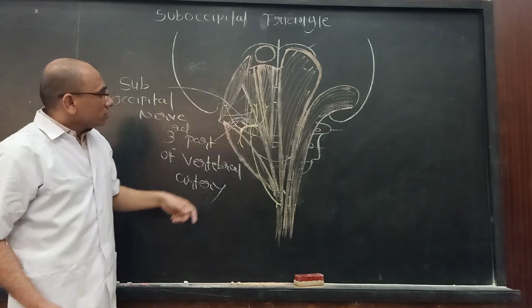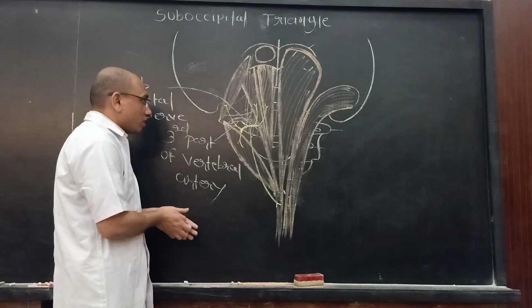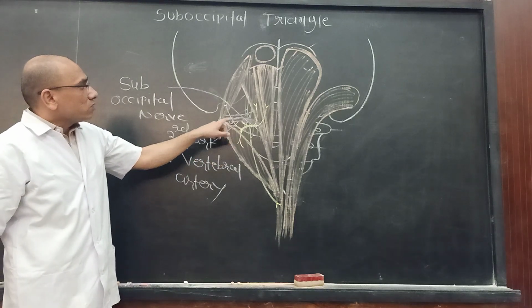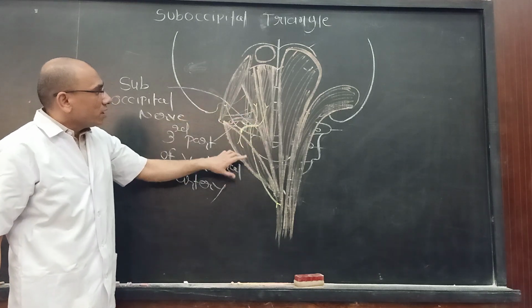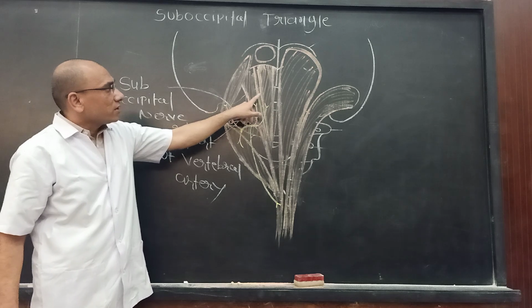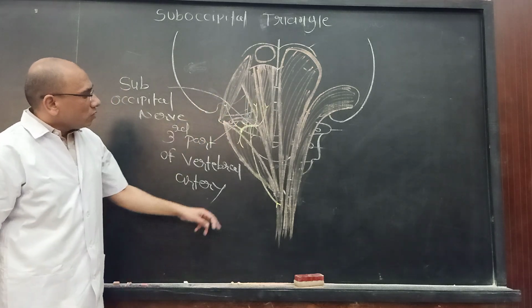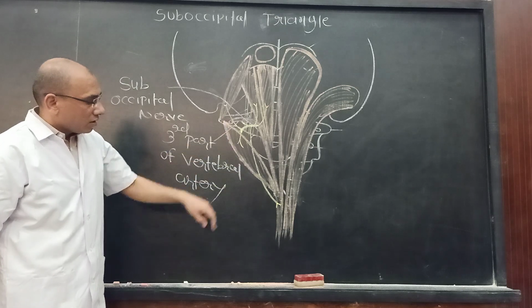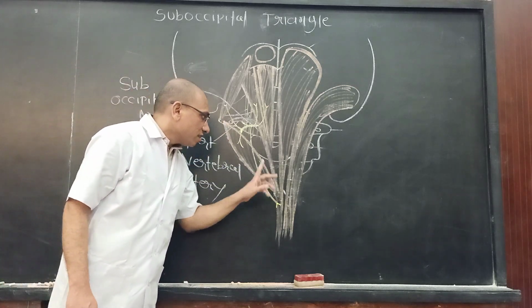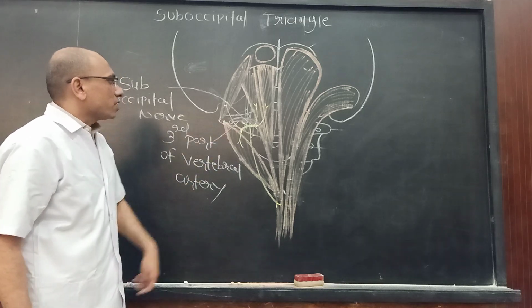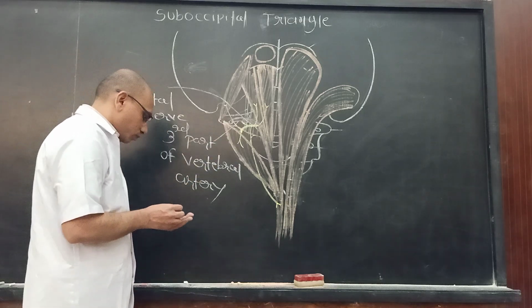So dorsal branch of the suboccipital nerve provides branches to rectus capitis posterior major, rectus capitis posterior minor, obliquus capitis superior, obliquus capitis inferior, and the semispinalis capitis. 5 muscles supplied by the dorsal branch of the suboccipital nerve.